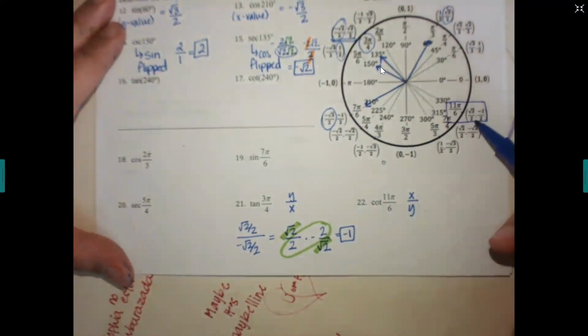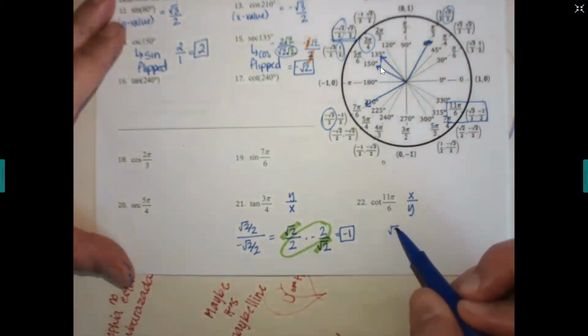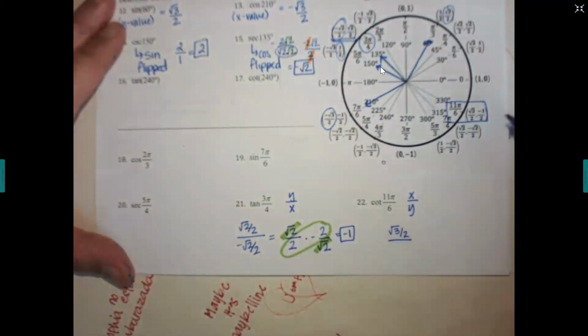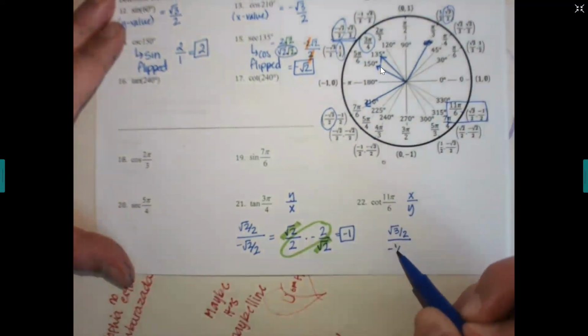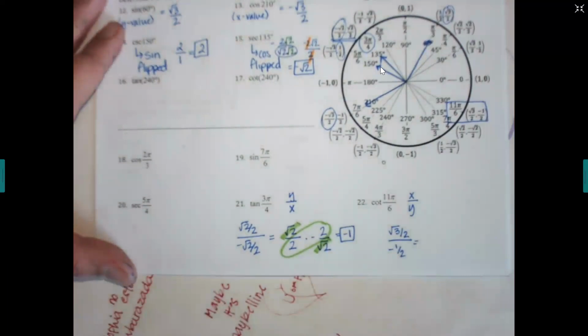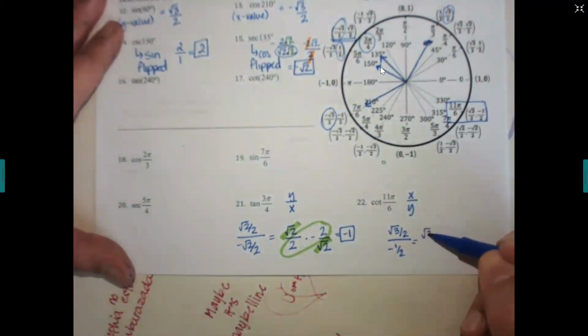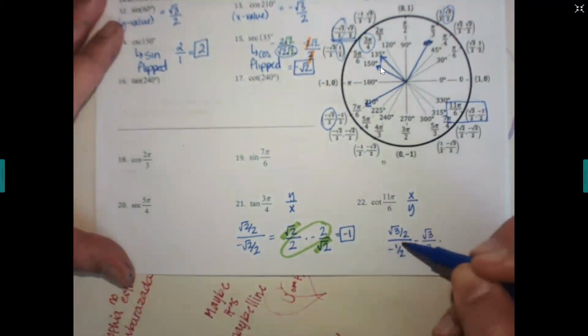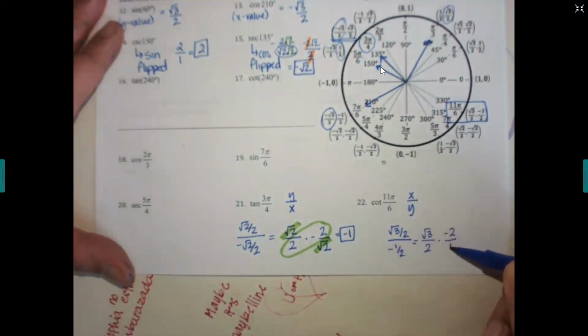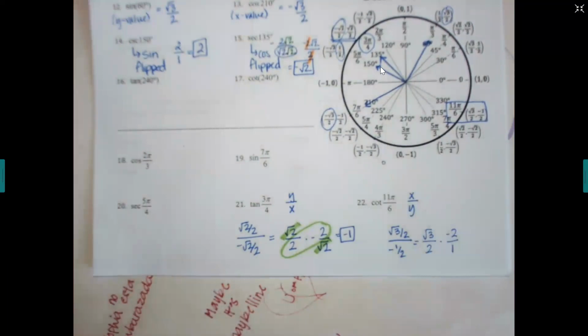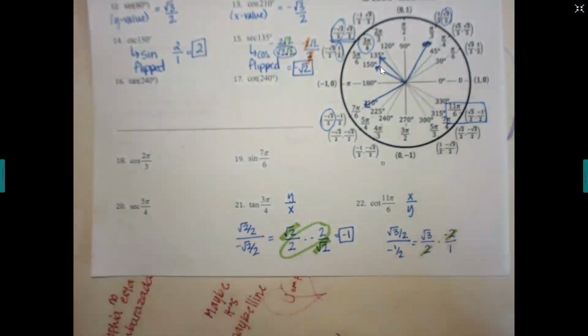Okay, I see that my x is root 3 over 2 divided by my y, which is negative 1/2. And then remember, keep the top one the same, root 3 over 2, but then you're going to flip this one. So it'd be 2 over 1. And then I'm like, oh, 2 over 2, those cross out. That just gives me 1. Well, then all I'm left with is a negative.